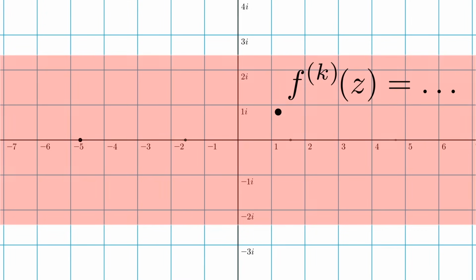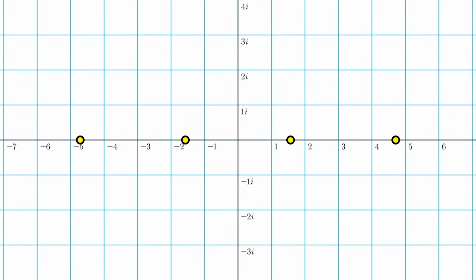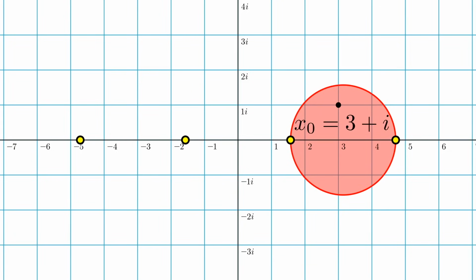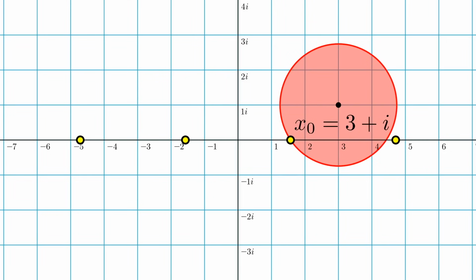And so, going back to our tangent example, I started by taking the Taylor series for tangent at pi, which allowed us to define not just tangent, but all of its derivatives inside this disk. Knowing all of the derivatives of tangent within this disk allows me to write down the Taylor series of tangent here at 3 plus i, which will then allow me to define tangent and all of its derivatives within this disk.